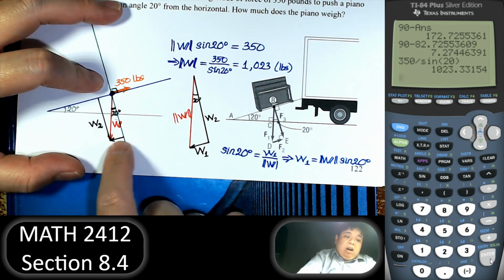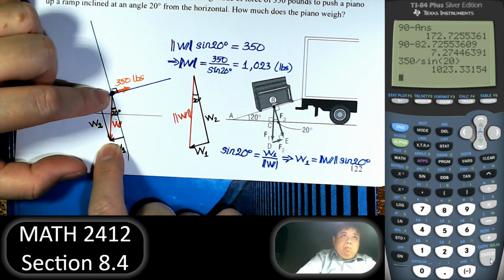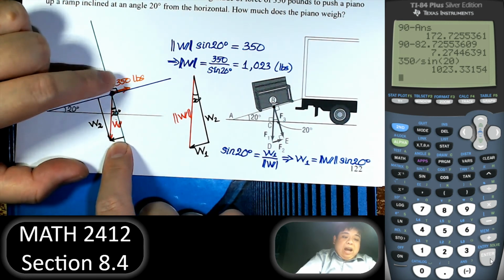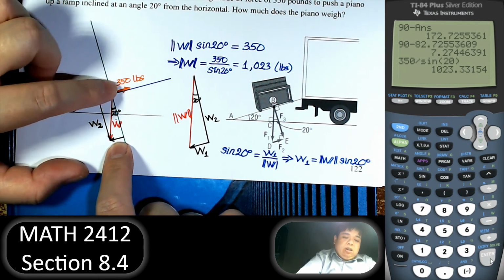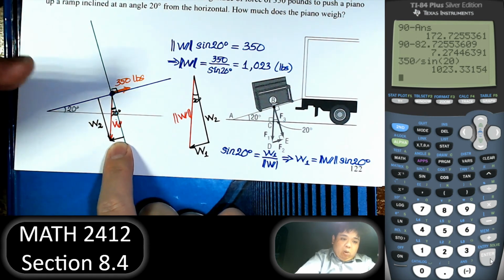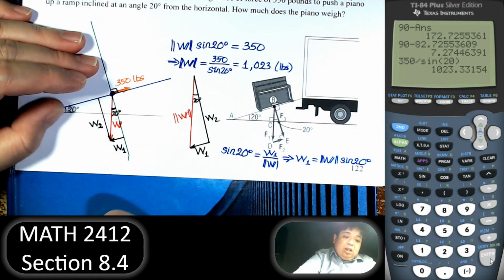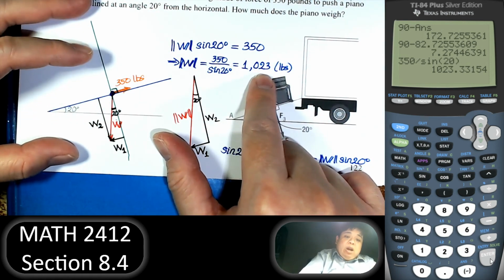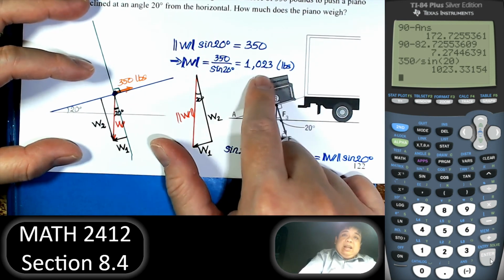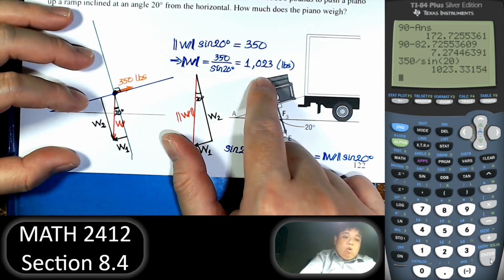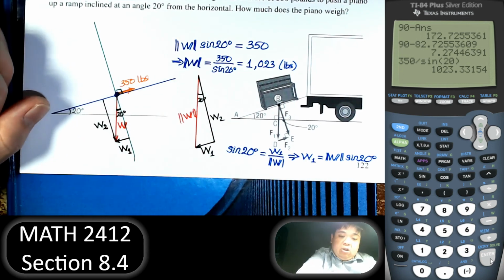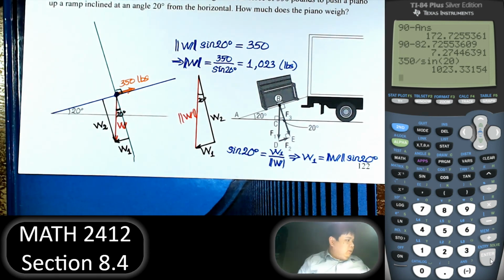The parallel component must be cancelled out by the force that we push up, so those two have to cancel each other out. So in that case the weight cannot be more than that. If the weight is more than that, we cannot push the piano up the ramp.